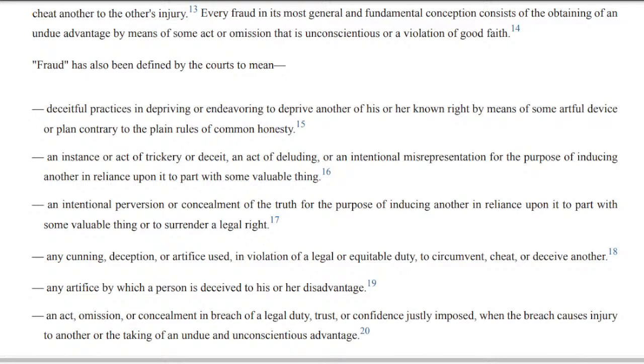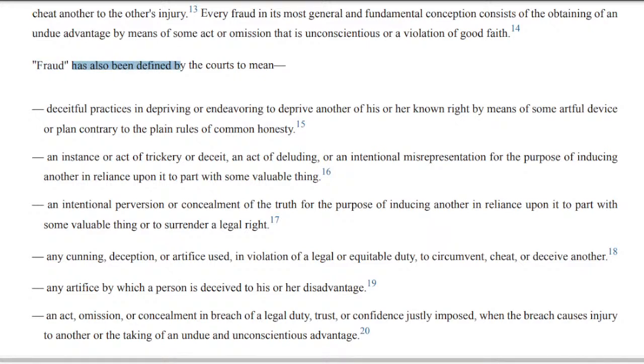Every fraud in its most general and fundamental conception consists of the obtaining of an undue advantage by means of some act or omission that is unconscientious or a violation of good faith.